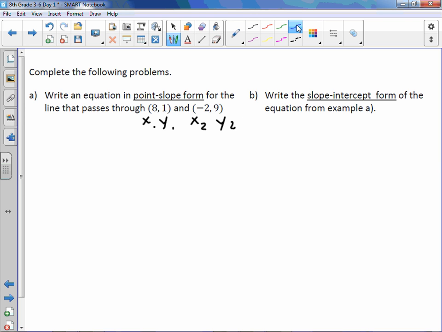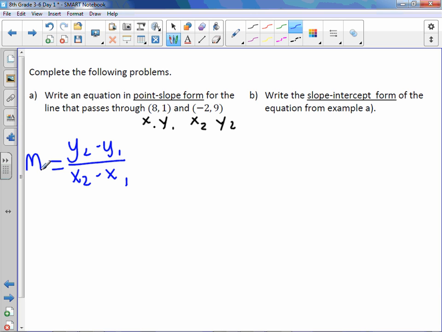If you remember, our slope formula is y2 minus y1 over x2 minus x1, and that's our slope, which we know is the variable m.